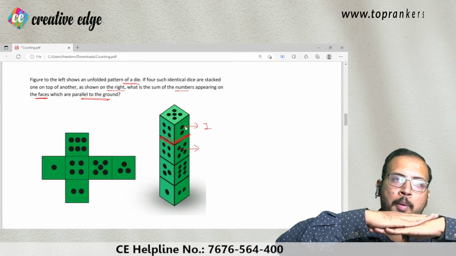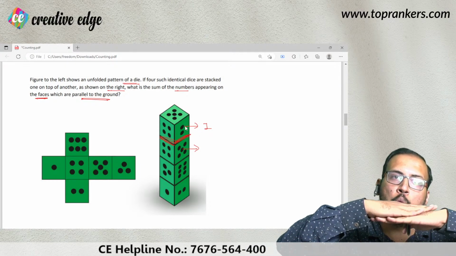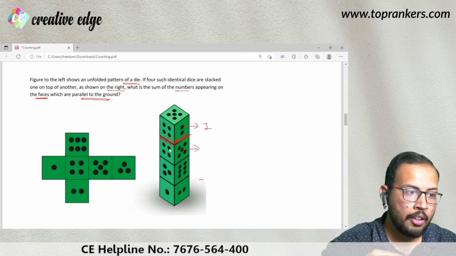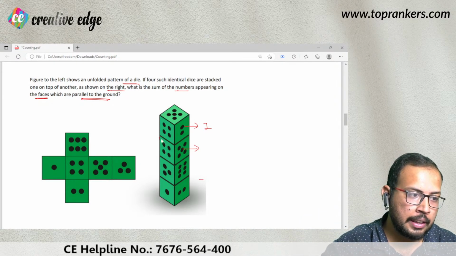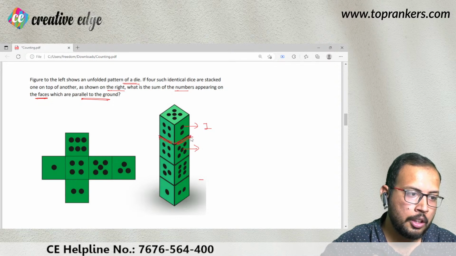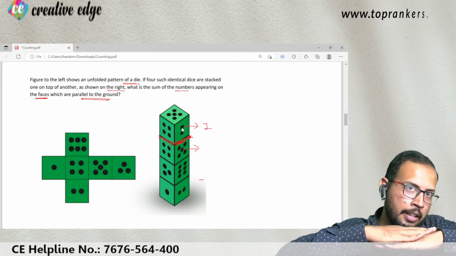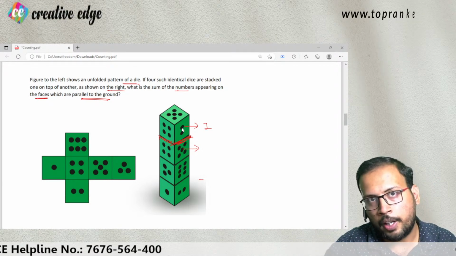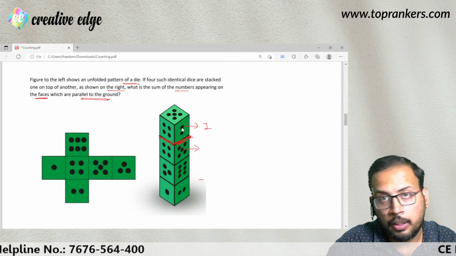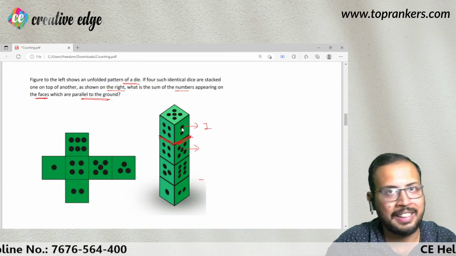So you must remember that there are two such faces. I'm talking about this line. I'm talking about this one. So you must understand that there are two faces, one over the another, right? So do not forget to mention those surfaces as well.